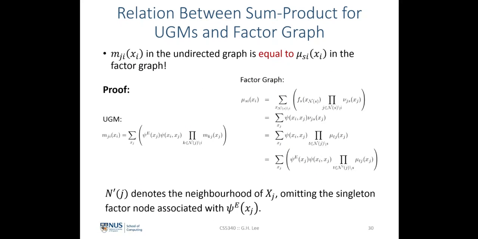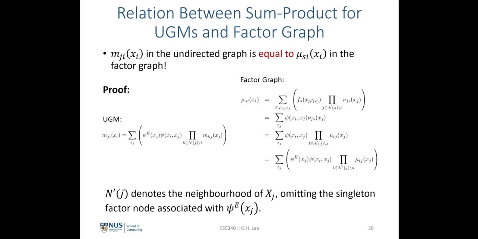What's interesting here is that although we have looked at the message passing algorithm, or the sum product algorithm, on a factor tree, it turns out that the sum product algorithm on a factor tree is exactly the same as the sum product algorithm on a tree-like undirected graphical model.